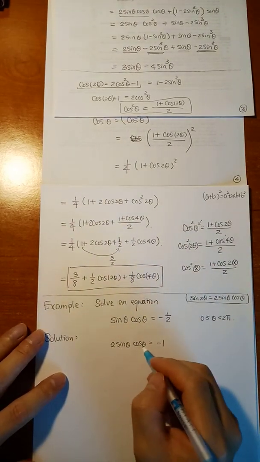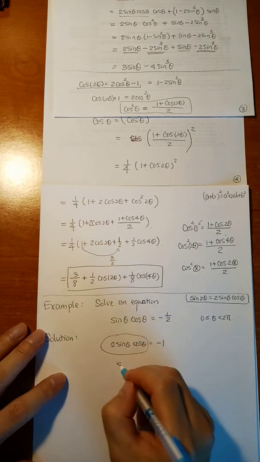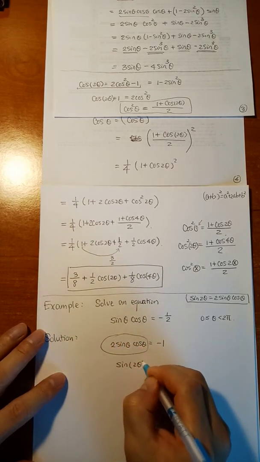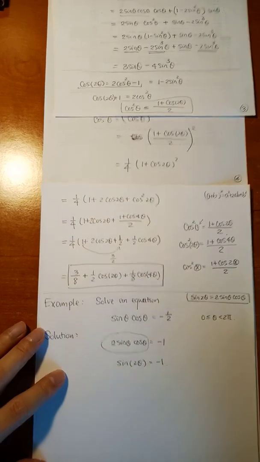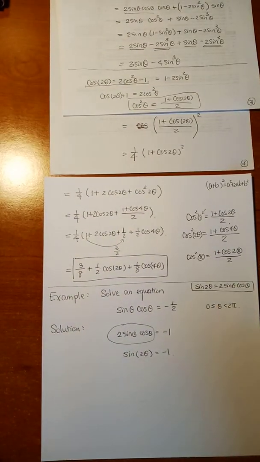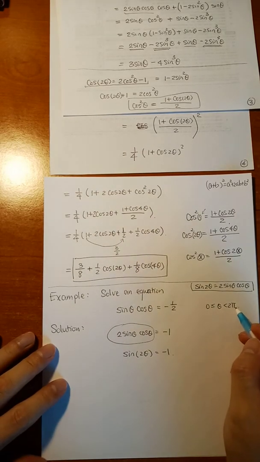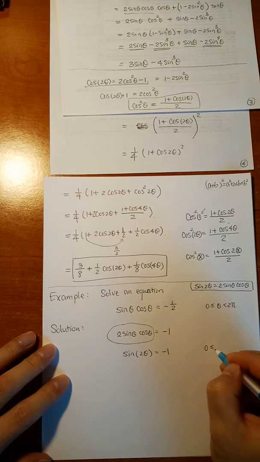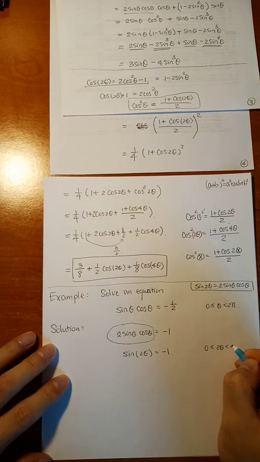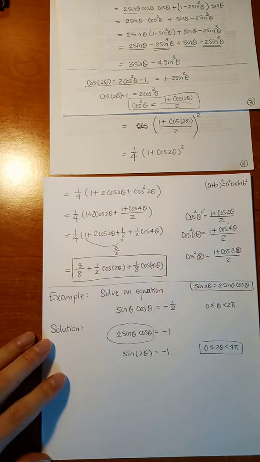Then you will get 2 sine theta cosine theta is equal to negative 1, and you can simplify it as sine 2 theta is equal to negative 1. Theta is between 0 and 2 pi, then 2 theta is between 0 and 4 pi. Keep this in mind.